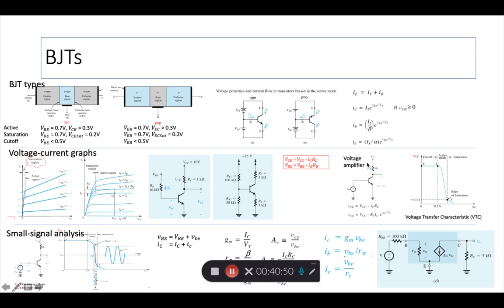Three modes of operation. And this edge of saturation is at 0.3 volts on the VCE. So I hope these ideas are familiar by now, because you studied BJTs, then you studied FETs. So hopefully these don't seem strange to you anymore.